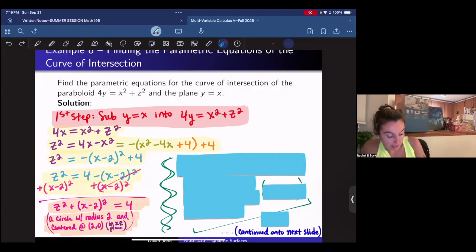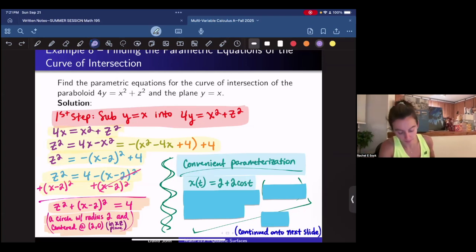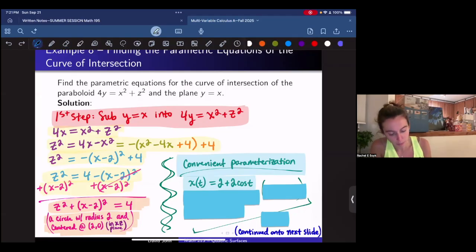And so what is our x value here? Our x of t is just going to be 2 plus cosine of t. And so how do we find this? We want to think about it as our trigonometric identity, which stems from our sine squared t plus cosine squared t is equal to 1.